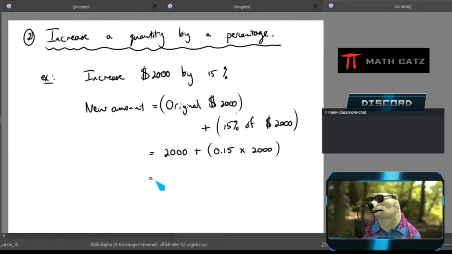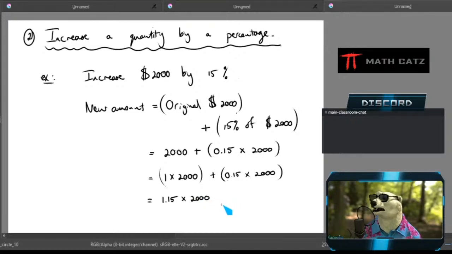So now I'll just elaborate here, not to try and confuse you, but to be as detailed as possible. I have one of my original 2,000. I get another 0.15 of 2,000. How many 2,000s do I have? 1.15. If you want to see it in a different way, I factor out the 2,000: 1 plus 0.15.